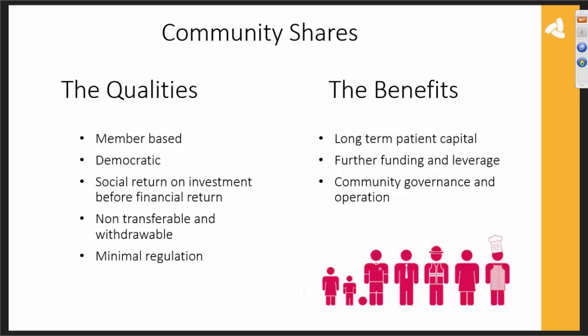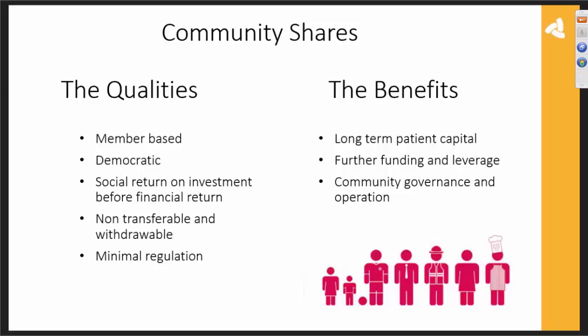So just to move on to the specific qualities and benefits of community shares. These are member-based. Kelly will talk a little bit more about this in the next slide, but essentially, if the shareholders invest in community shares, they become members of the organisation. So if growth in membership is something that is attractive, and for a lot of the communities we work with it is, then this is a really excellent way to grow your community engagement.